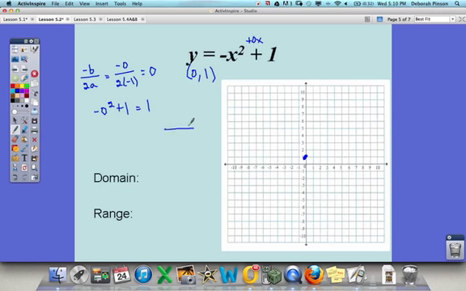So to do that, I'm just going to make a t-chart, and I'm going to pick some x values. I like to keep it simple. I'm going to pick negative 2, so that'll give me something over here, and I'm going to pick positive 2. And I'm just going to plug those values in.